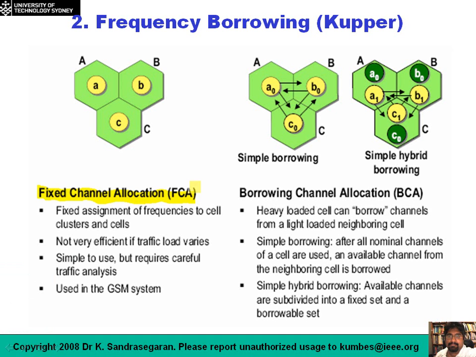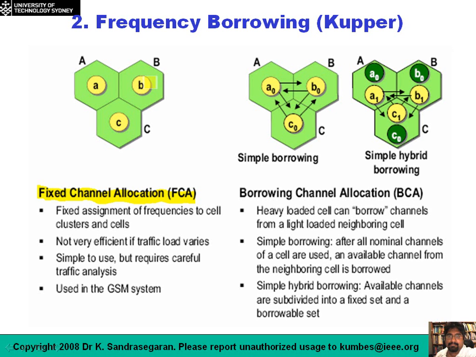And this was not a very efficient way of using the expensive frequency resource that you had, because you could have one cell that is highly loaded and using all the frequencies that is available in it, and you could have a neighboring cell where maybe there's not much traffic and the frequencies are not being used much in that cell.